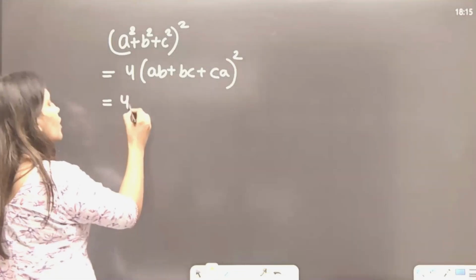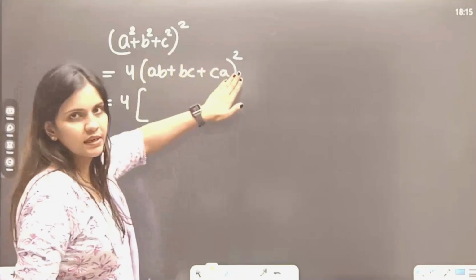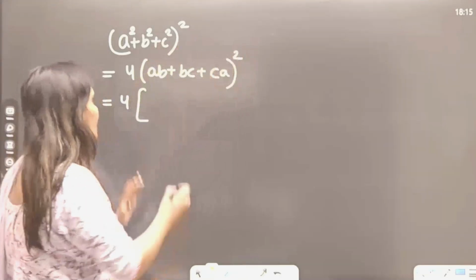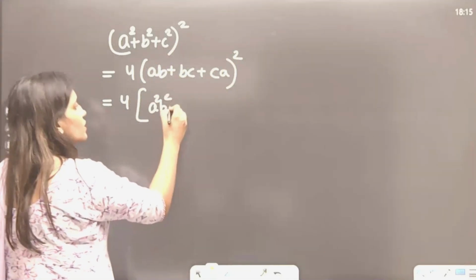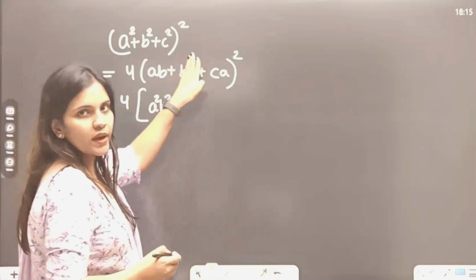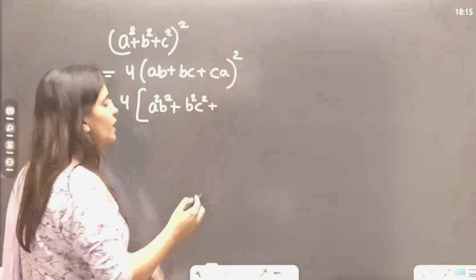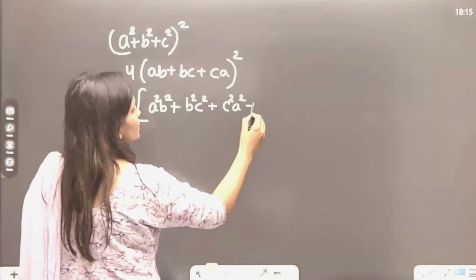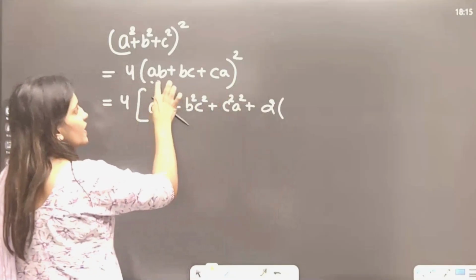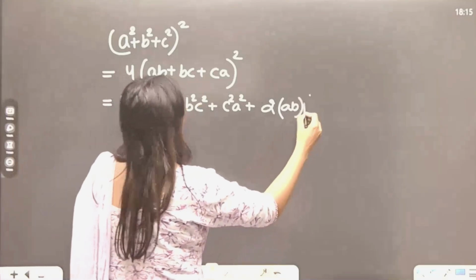If I apply the formula again, let's say this is X, Y, and Z. So (X plus Y plus Z) whole square is nothing but X square, which means A square B square, plus Y square, which is B square C square, plus Z square, C square A square, plus 2XY, this and this, right? 2AB, and this is BC.